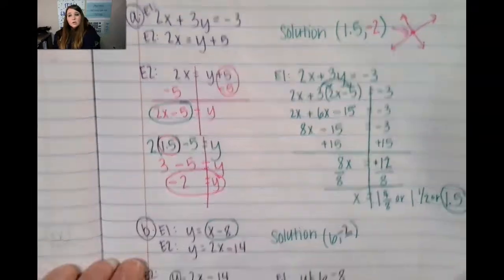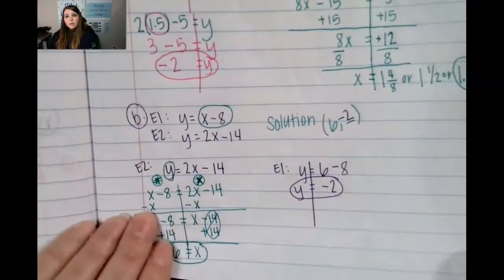Okay, it is your turn right now to do a try it, and then we will do some practice work. All right, so let's check out the try-its that I have for you. Try-it number 1.